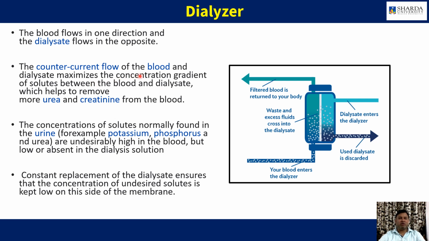Counter current flow of the blood and dialysate maximizes the concentration gradient of solutes between the blood and dialysate, which helps to remove urea and creatinine. The concentration of solutes normally found in the urine are undesirably high in the blood but low or absent in the dialysis solution. Constant replacement of the dialysate ensures that the concentration of the undesired solute is kept low on one side of the membrane.